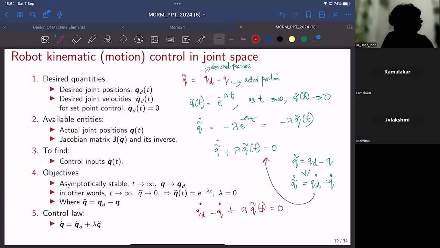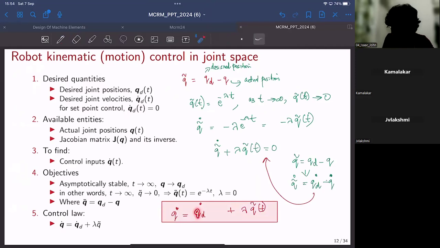And if I take this to the other side, I would get Q dot is Q desired dot plus lambda Q tilde of t. So this will be your control input.